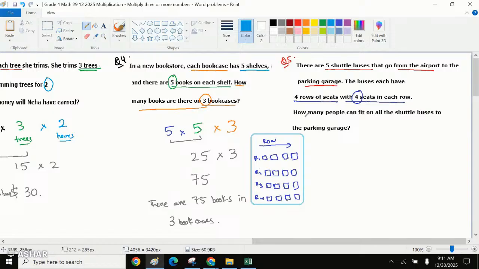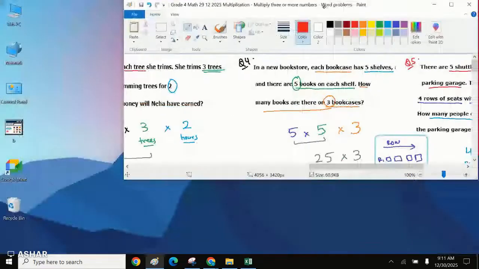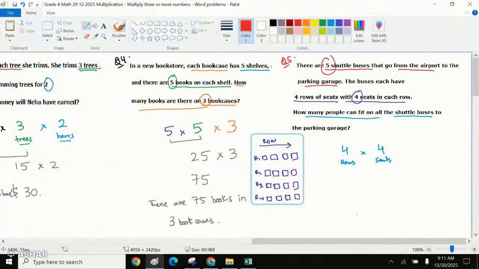And what are they asking? How many people can fit on all the shuttle buses going to the parking garage? See, each bus has this sitting arrangement. That means we can write 4 rows times 4 seats per bus, right? And how many shuttle buses were there? There were a total of 5 buses, right? So that means when we multiply them together, 4 multiplied by 4 is 16.